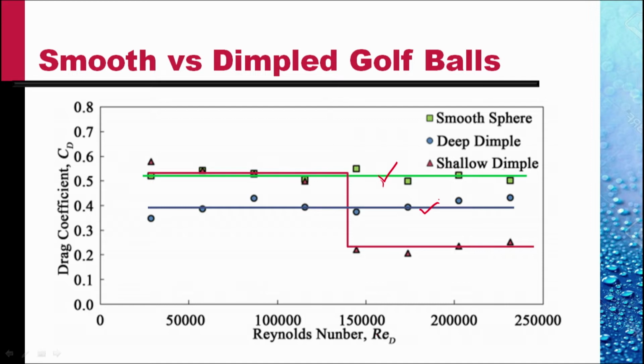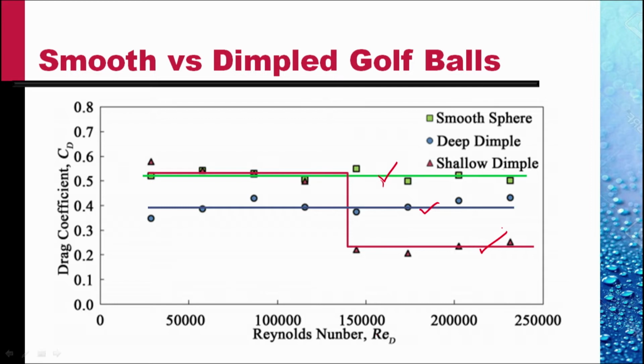But if we have shallow dimples, then the red line represents the CD curve. And here you see a transition from a higher value of about 0.5 to a low value slightly above 0.2.